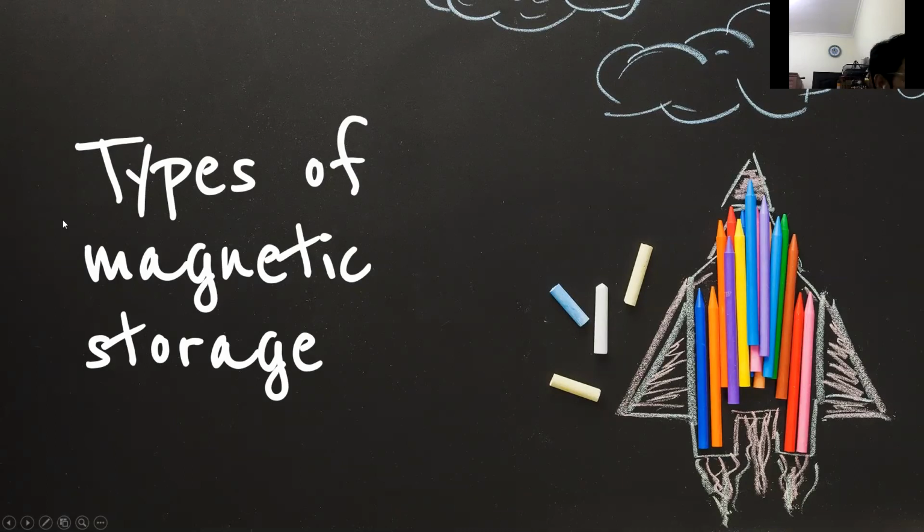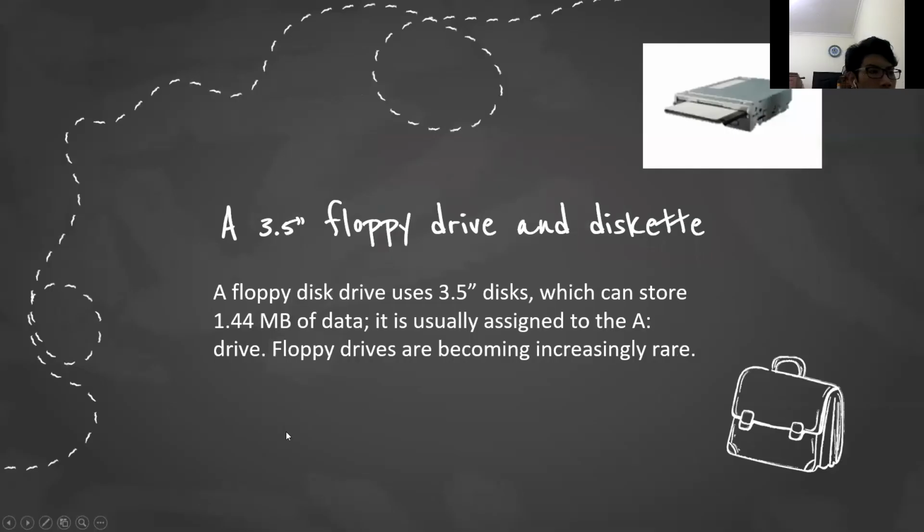Okay, so now we move to the types of magnetic storage. For the first, we have a 3.5-inch floppy drive and diskette. You can see an example of the floppy drive above.